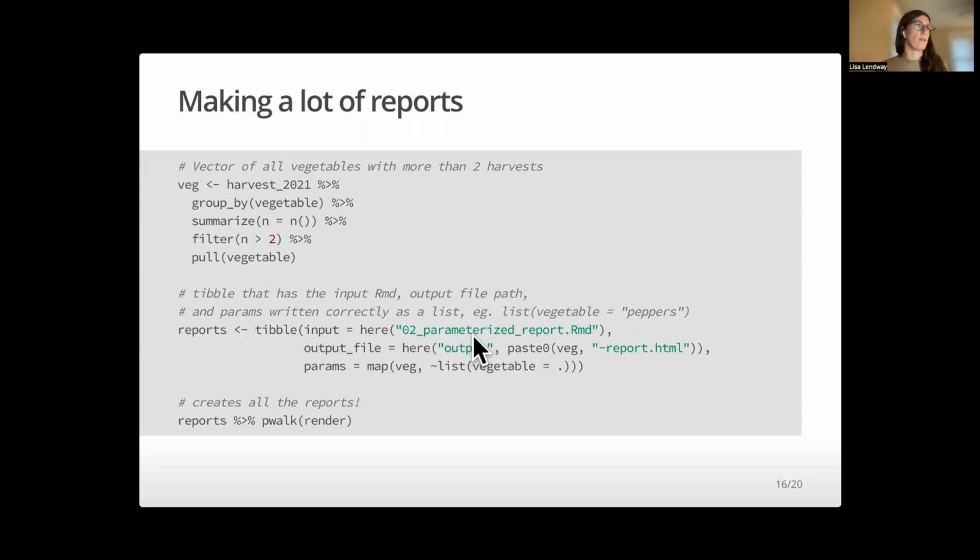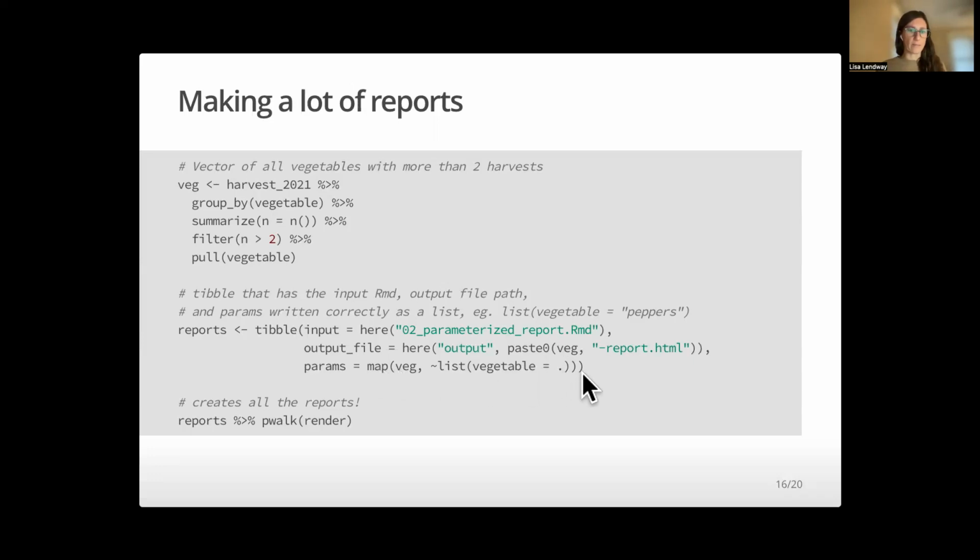So it'll be their path plus their file name. Here I'm using some code so that the final file name is the name of the vegetable -report.html. And then the last argument is the params, very similar to what I showed on the previous page.